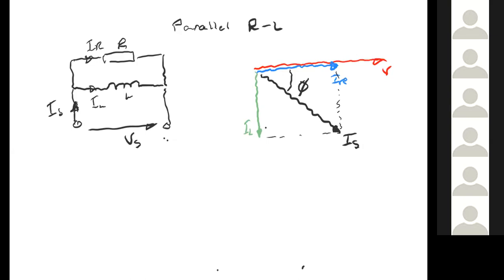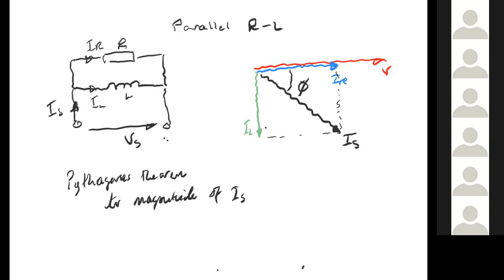So we could do these calculations the longhand way. We could use Pythagoras' theorem to get the magnitude of IS, and then use the tangent to get the angle. And we've done plenty of that.